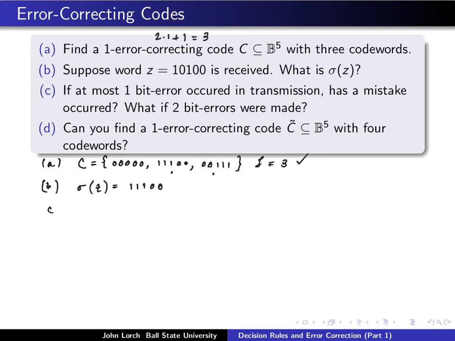All right, now what about part C? Part C is important. It says, if at most one bit error has occurred in transmission, has a mistake occurred?